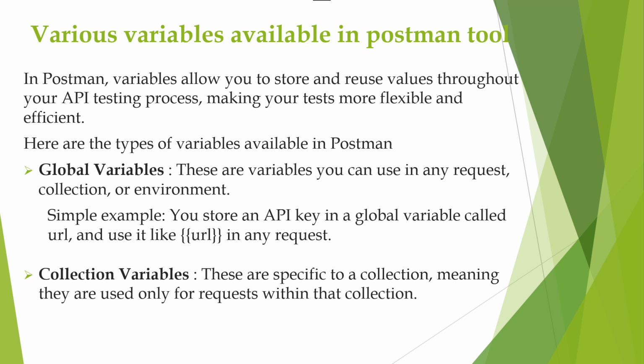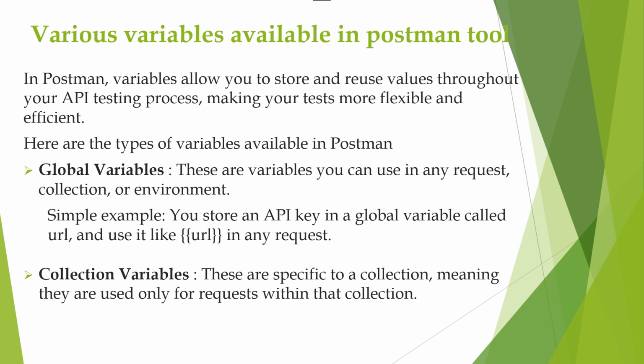Global variables. These are the variables which you can use in any request or any collection or environment. They are available across everything in the Postman tool. That means they enable you to access data between the collections, requests, test scripts, and environments. These global variables are available throughout the workspace.